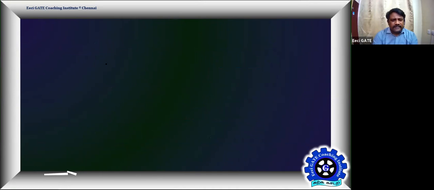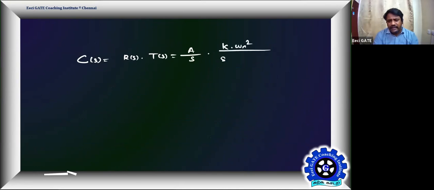Therefore, C of s is equal to R of s into T of s, that is, a by s times k into omega n square by s square plus 2 zeta omega n s plus omega n square. Yes, we need to apply partial fraction expansion.